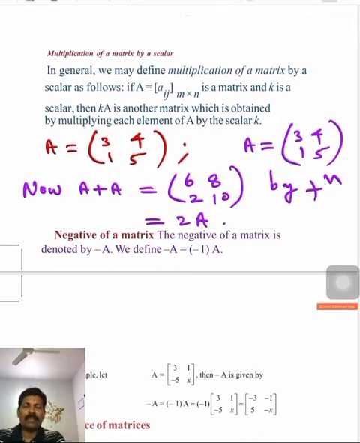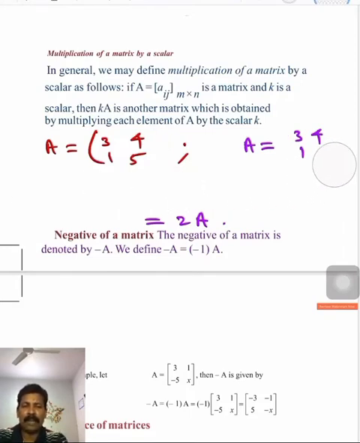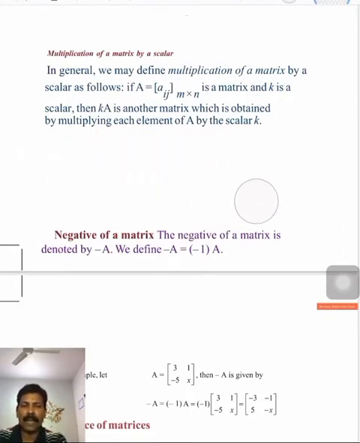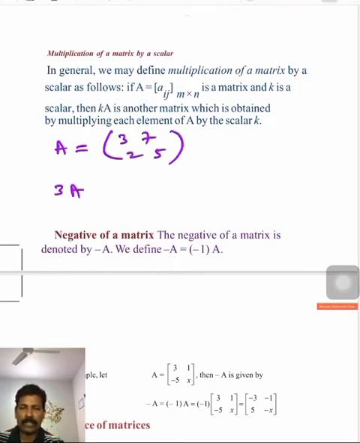So how to get this 6, 8, 2, 10 in a shortcut way? That is very simple. Multiply every element of capital A by the given scalar 2. So 2A, 2 times matrix A, means we have to multiply every element by 2. That's all. We can see once again, suppose we have the matrix A is equal to say 3, 7, 2, 5, that's a 2 by 2 matrix.